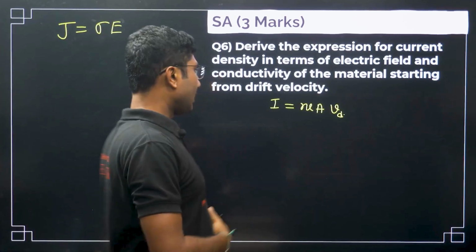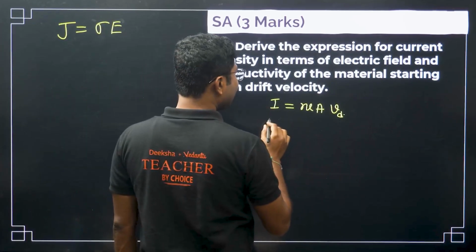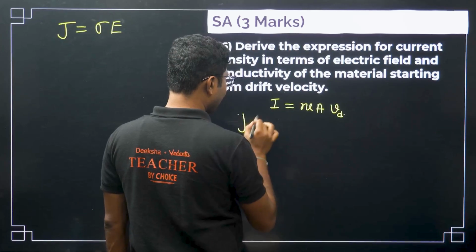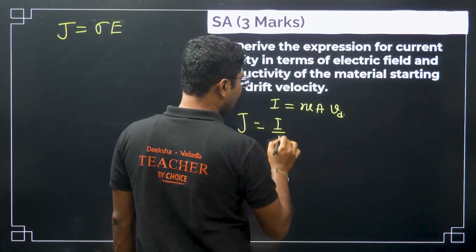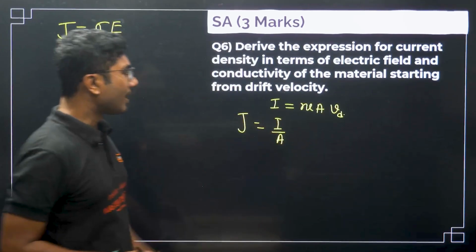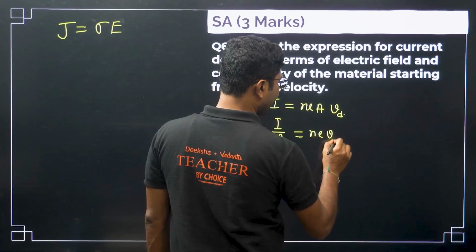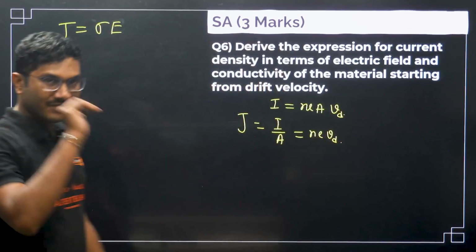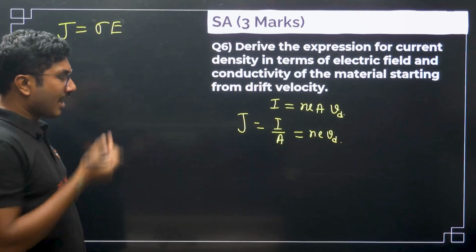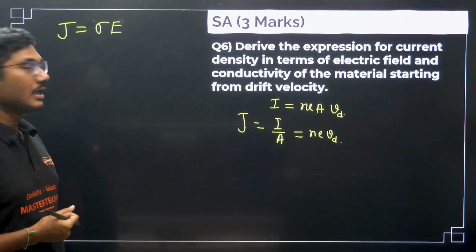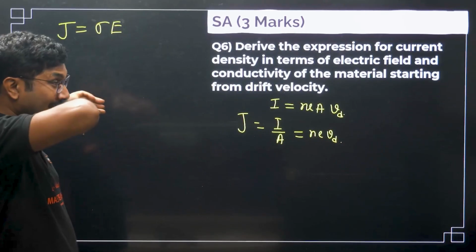Now what is J, by the way? J is given by I by A, current divided by area. So from here we get NEVd.